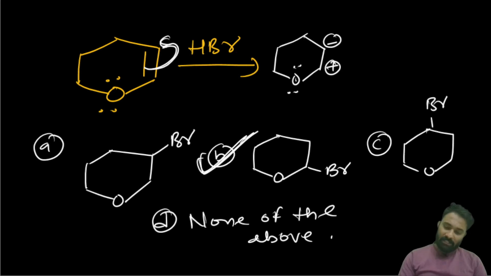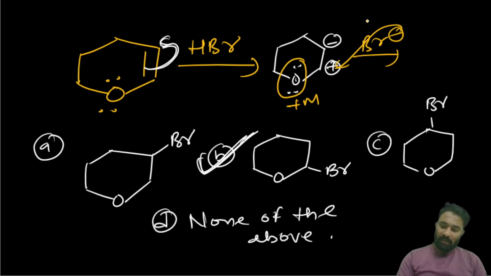This carbocation is stabilized by the plus M effect of the oxygen. So the Br minus will go and attack here, and the H plus will go and attack here. So option number B is correct.